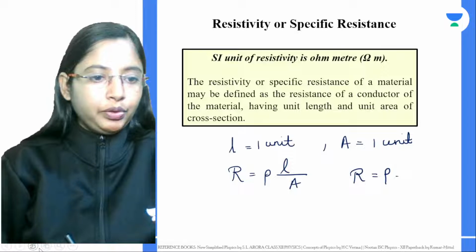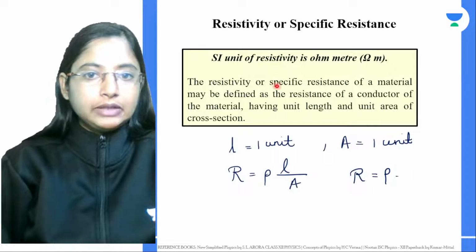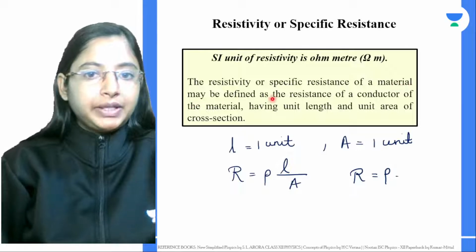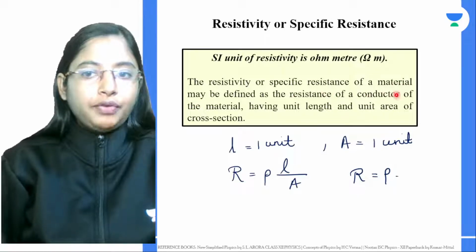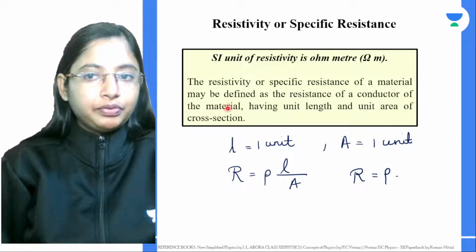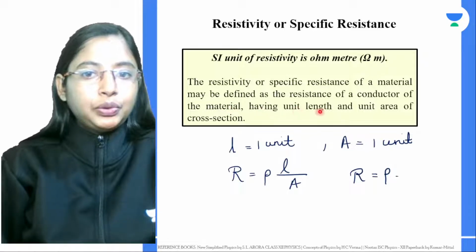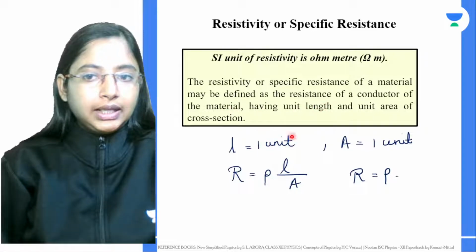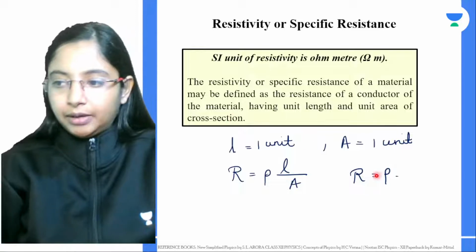So specific resistance or resistivity of a material may be defined as the resistance of a conductor of the material having unit length and unit cross sectional area.